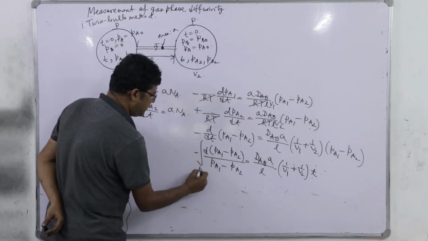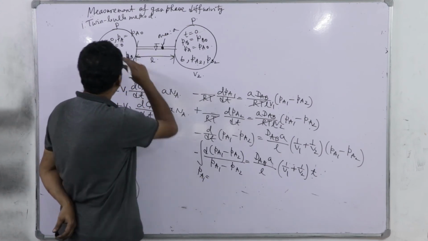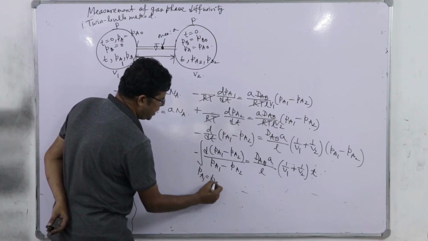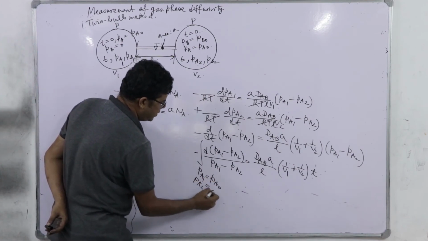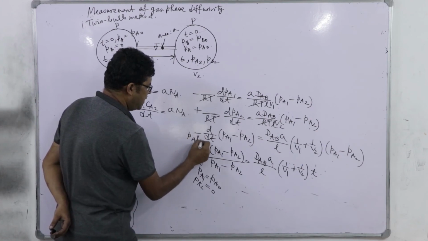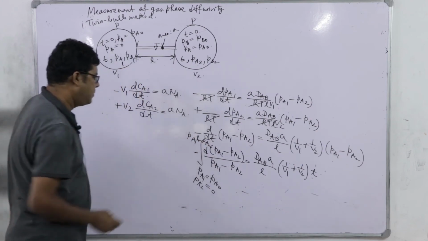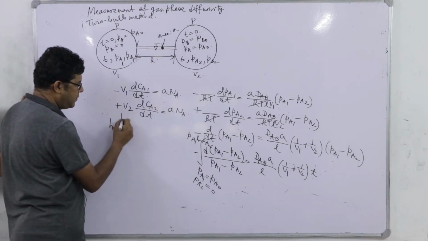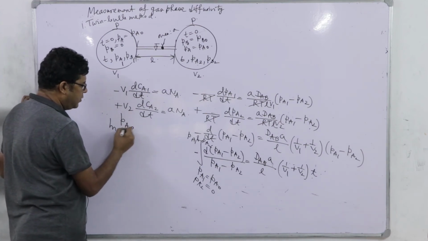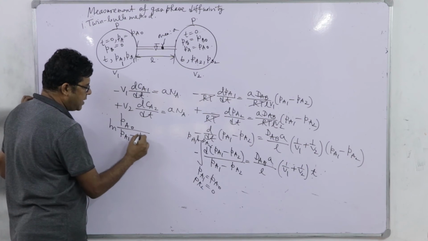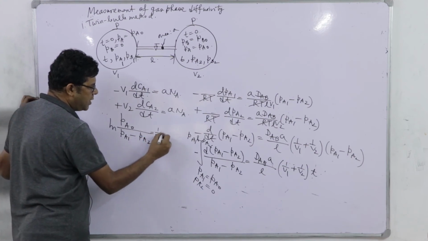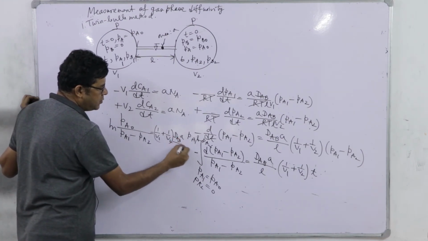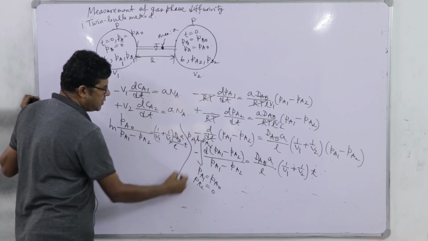Integrate it from PA1 equal to PA0 and PA2 equal to 0 to PA1 and PA2. So, it will give you ln of PA0 divided by (PA1 minus PA2) is equal to (1 by V1 plus 1 by V2) into DAB into A by L into t, right.